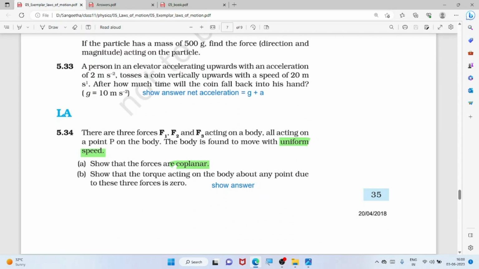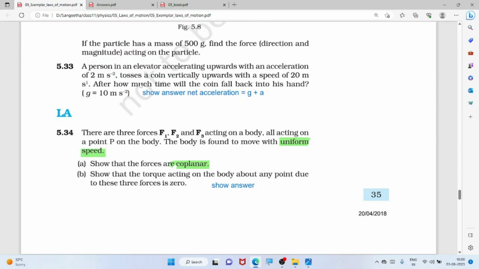So here again, an elevator is accelerating upward with an acceleration, okay. A person tosses a coin vertically upwards with a speed of this much. After how much time will it return? So here we have to consider the acceleration of the elevator also.